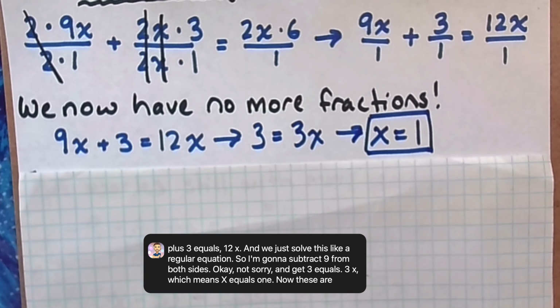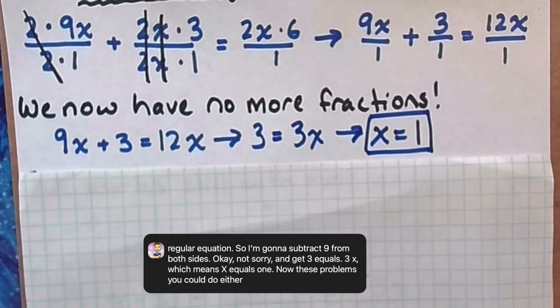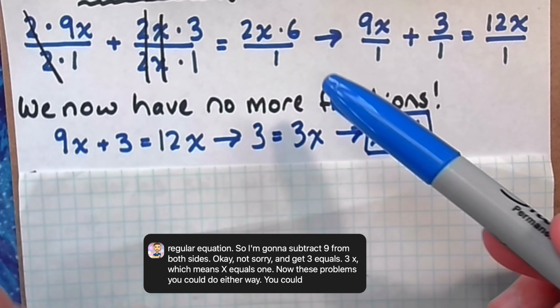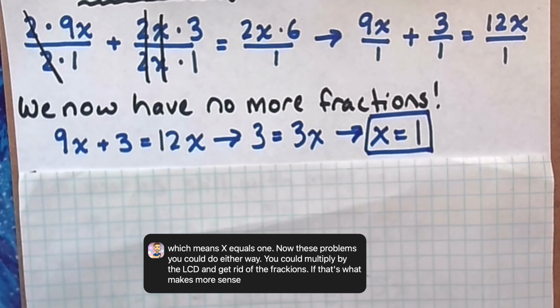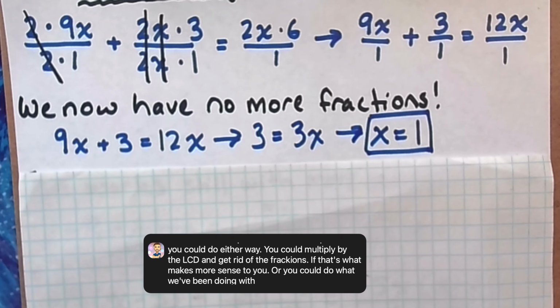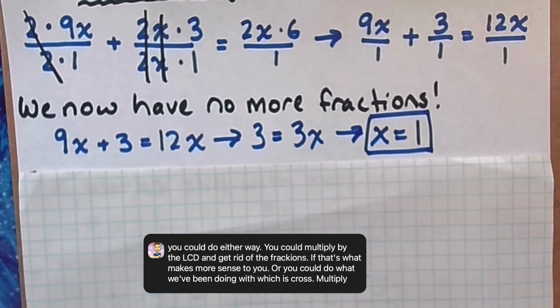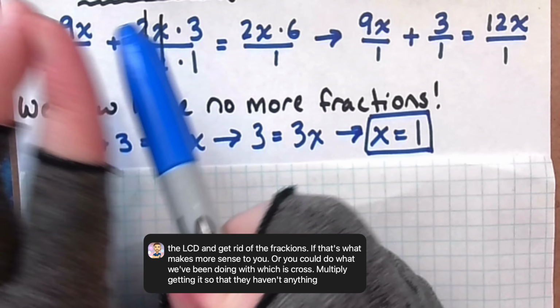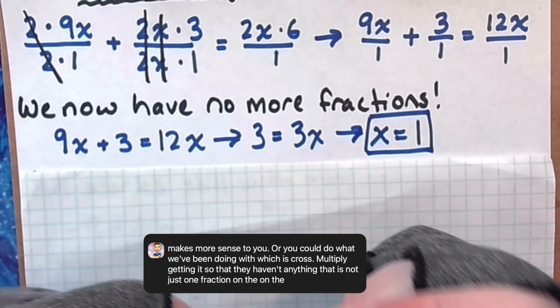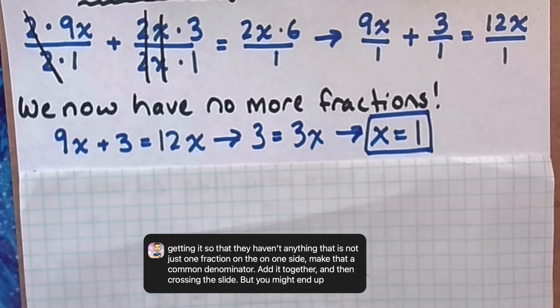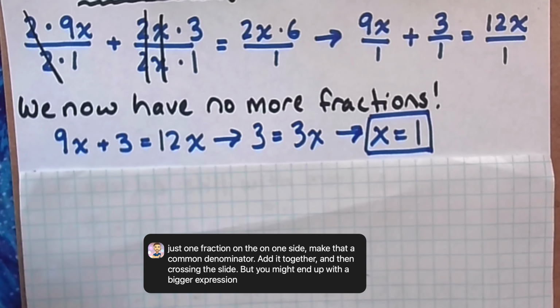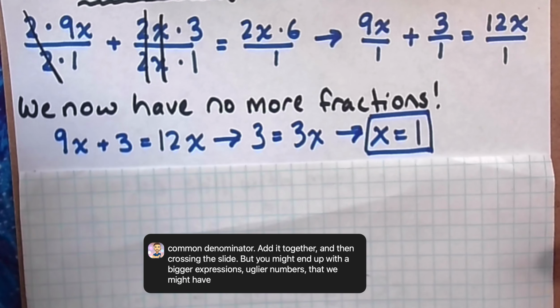Now these problems you could do either way. You could multiply by the LCD and get rid of the fractions if that's what makes more sense to you. Or you could do what we've been doing, which is cross-multiplying, getting it so that anything that is not just one fraction on one side, make that a common denominator, add it together, and then cross-multiply, but you might end up with bigger expressions, uglier numbers that you might then have to factor.